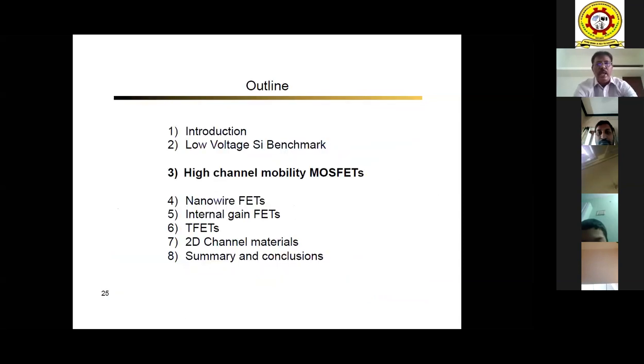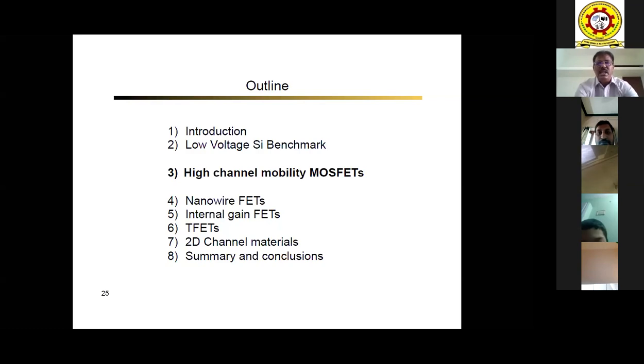Okay, now we are moving on, as I said, 20 nanometer means conventional silicon N MOSFET is not available. Then what are the other possibilities where the researchers must focus beyond 20 nanometers? One of the candidates is high channel mobility MOSFETs. Another candidate is nanowire FETs.